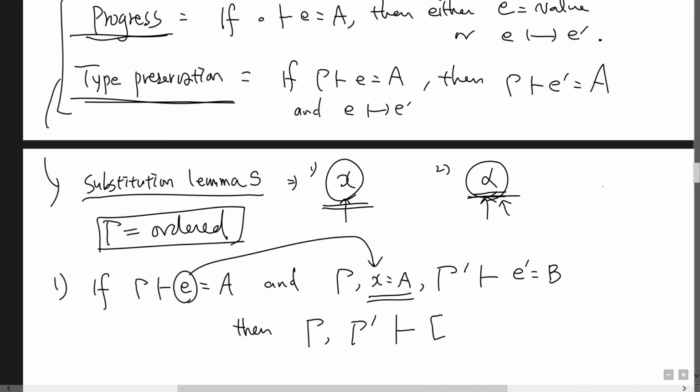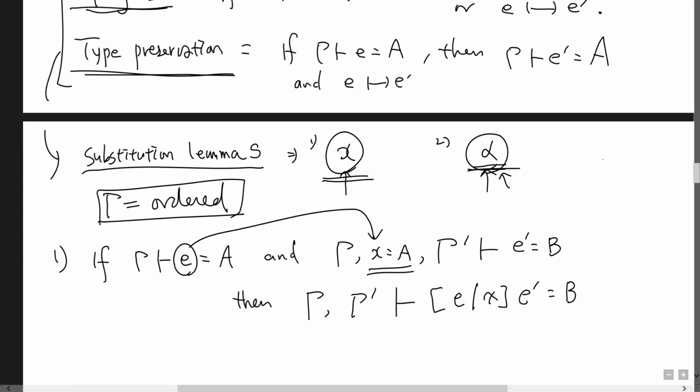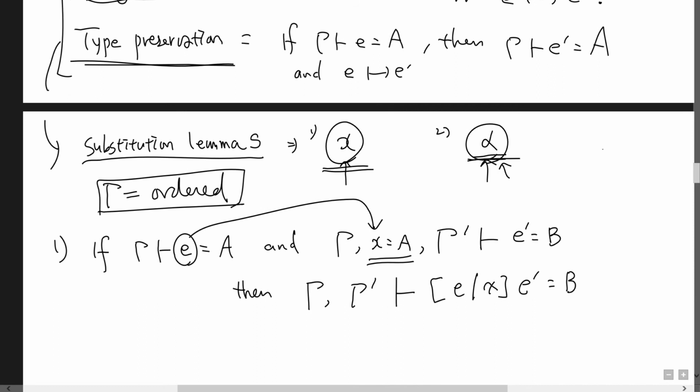And now we are going to substitute E for variable x in expression E prime, and it's going to have a type B. And notice that this type A is valid under typing context gamma. So therefore, this type A also makes sense. It's valid because it is given precisely the same typing context gamma to the left. So that's the first one.